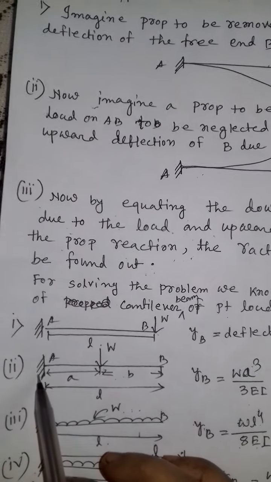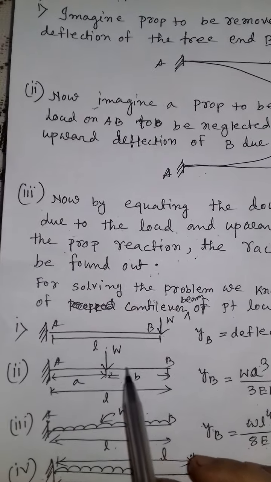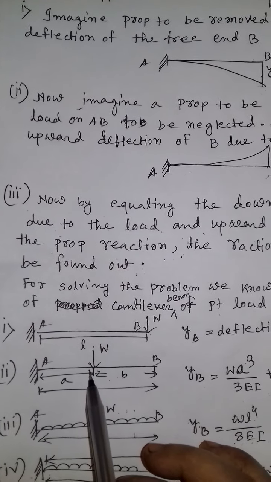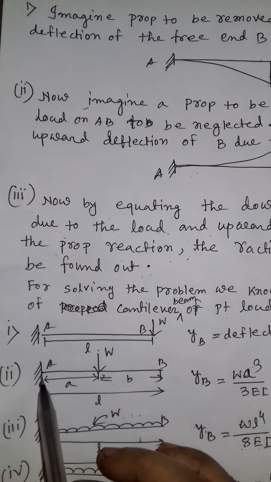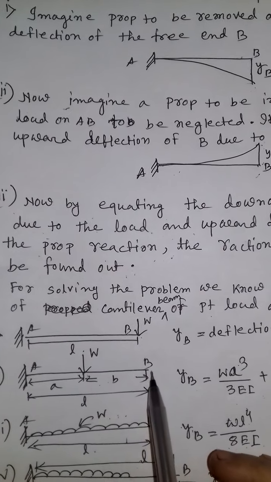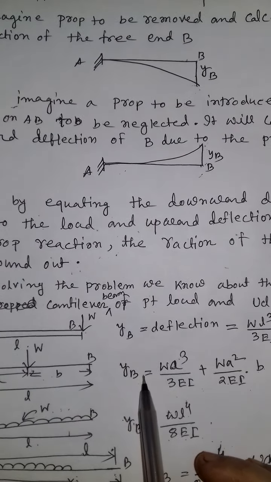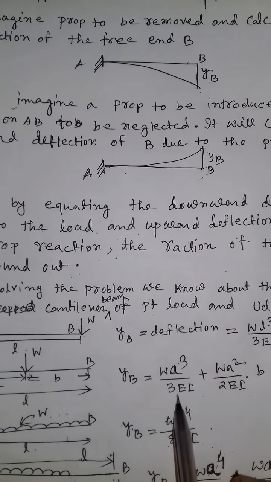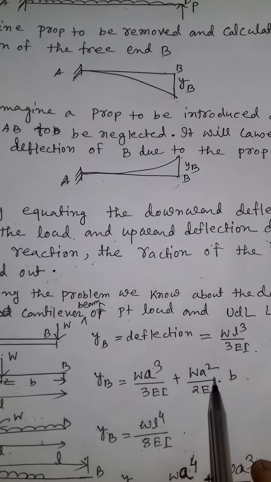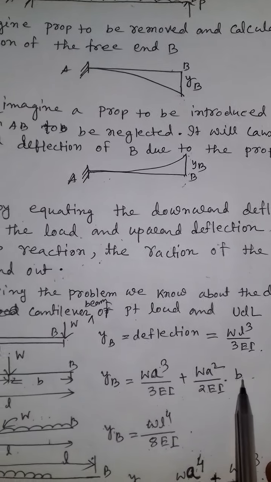And this is the second. Suppose load W is at a distance A from the fixed support, and from the free end its distance is B. So we can write YB equal to WA cube by 3EI plus WA square by 2EI into B.